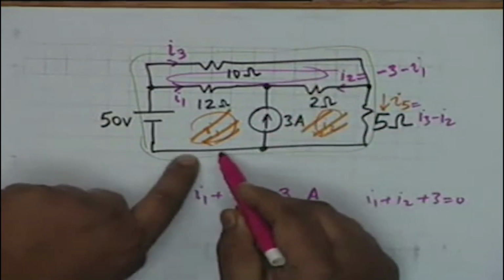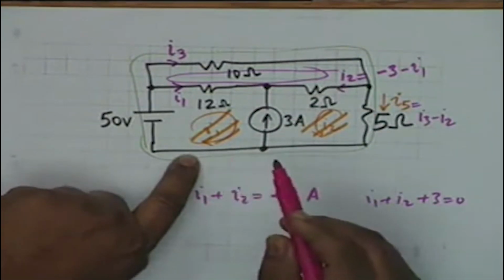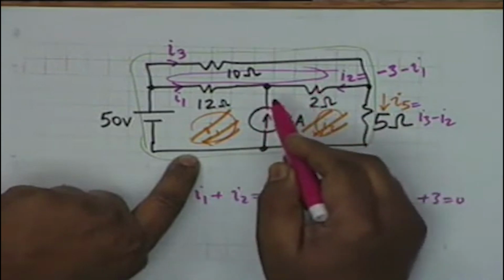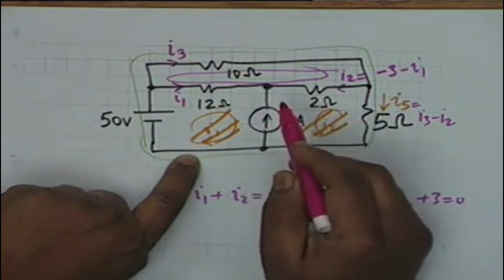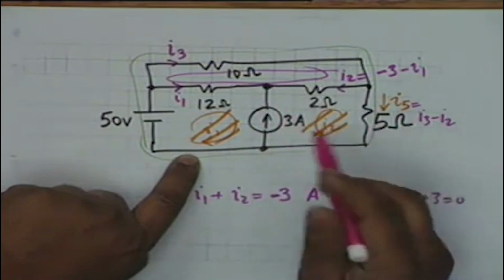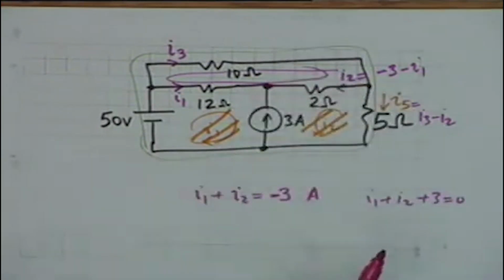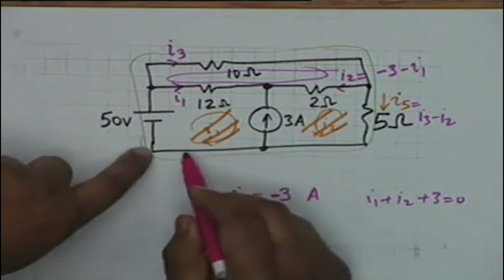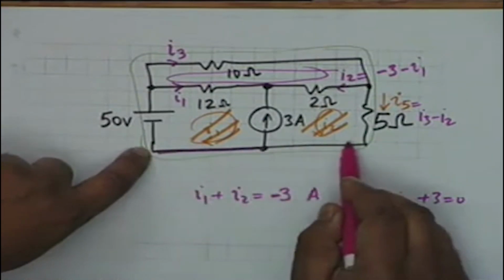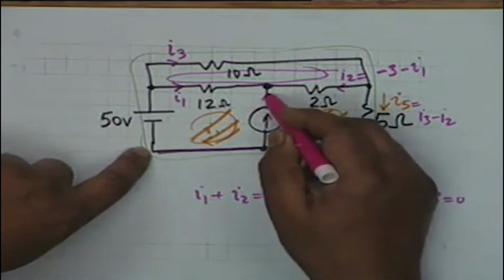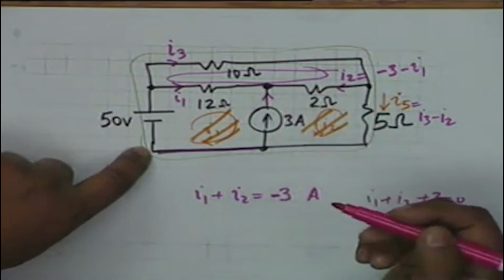So the segment of the wire where this current generator is fitted, in that segment the current need not be 3 ampere. In the middle arm, the vertical arm. Oh, it has to be 3 amperes.